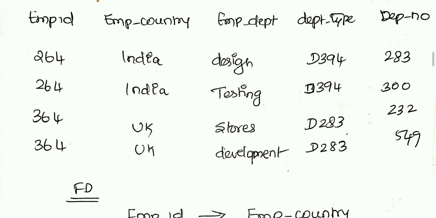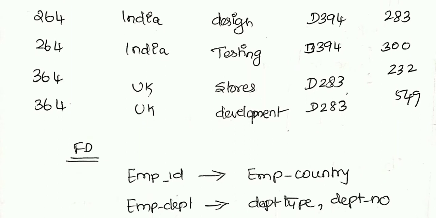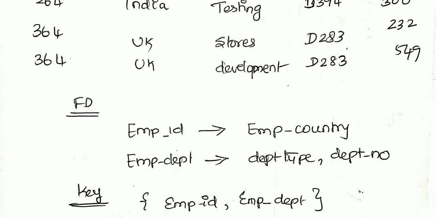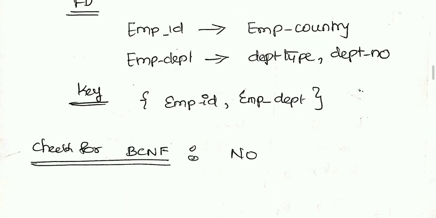The second dependency: if you know the employee department, you can tell the department type and department number. For example, testing comes under which type of department and what is the department number. Is this clear? So these are the 2 functional dependencies in the schema.